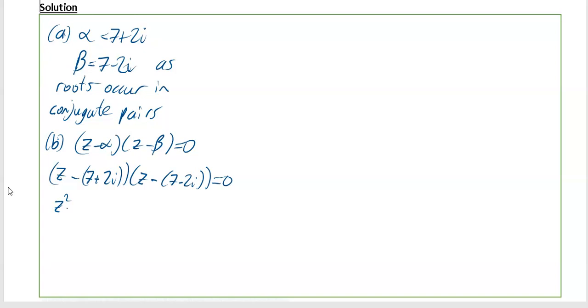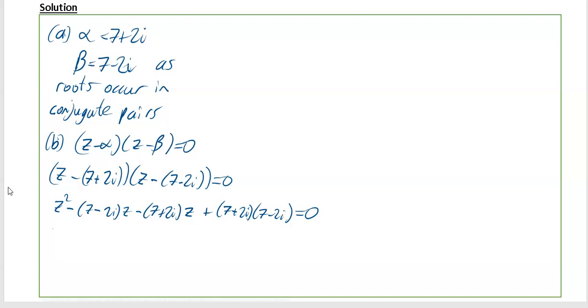Then you've got z times minus 7 minus 2i, and minus 7 plus 2i times your z, and then plus 7 plus 2i times 7 minus 2i. It's not pretty at all, but we can work with it, we can get through.